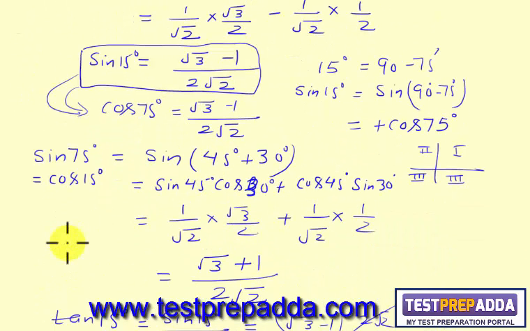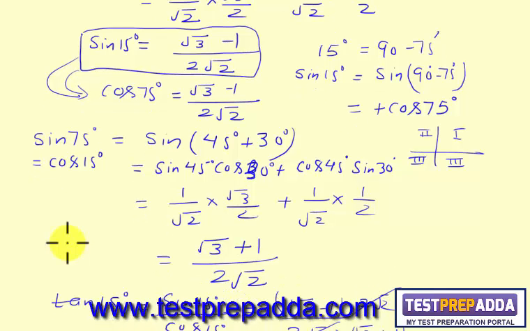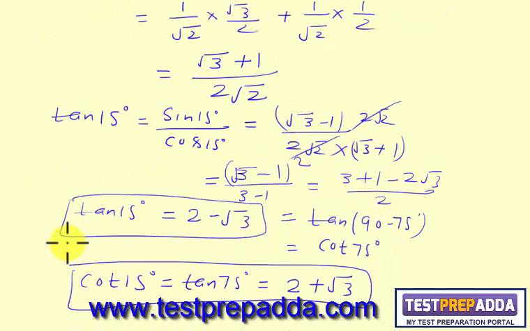Okay, so we have got sine 15 degree, cos 75 degree, both are same. We have got sine 75 degree, cos 15 degree, both are same. We have got tan 15 degree, cot 75 degree, both are same. We have got cot 15 degree, tan 75 degree, both are same. So we have got the trigonometric ratios of these angles.